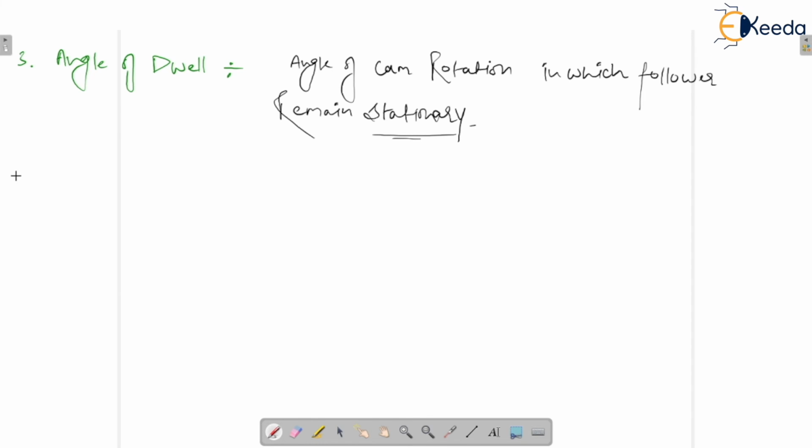And the last one we will consider is the angle of action.